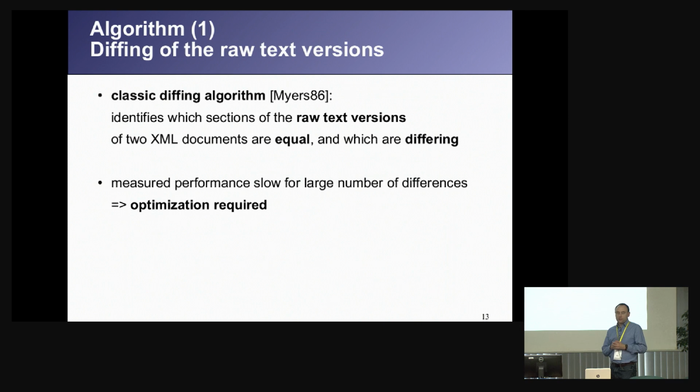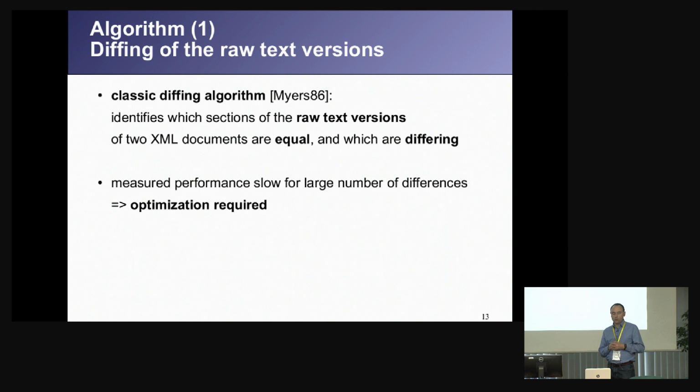For the first phase of the algorithm, the diffing of the raw text versions, we use the classic diffing algorithm, the Myers-86 algorithm. It identifies which sections of the raw text versions of the 2 XML documents are equal and which ones are differing. We measured performance and found it to be slow for a large number of differences.